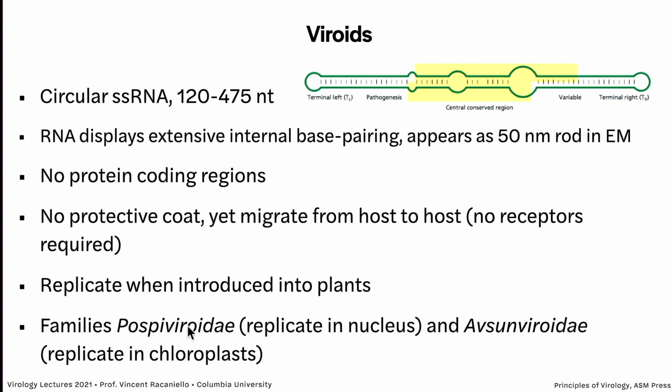So you know the virus families are viridae, so this is viroidae. Those replicate in the nucleus of the cell, and the avsun viroidae replicate in the chloroplasts. And these are not random names. These names are named after the disease caused by the viroid. Avsun stands for avocado sunblotch viroid. How about that? Isn't that just the best?